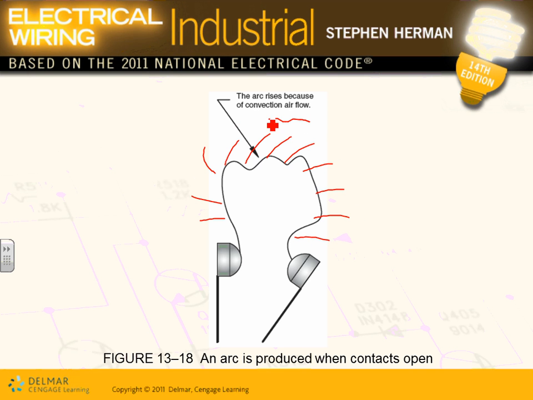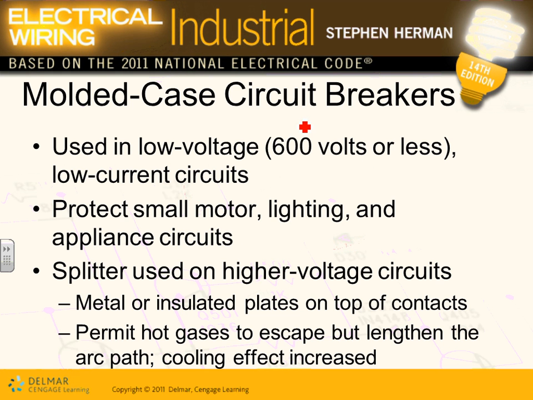And getting rid of this arc, guys, becomes the job of the designers of circuit breakers. If you don't get rid of this arc fast, your circuit breaker is going to open and it's going to melt in the process. So they have different ways of getting rid of this arc when they open the circuit breaker. Big deal. You'll see them in a second.